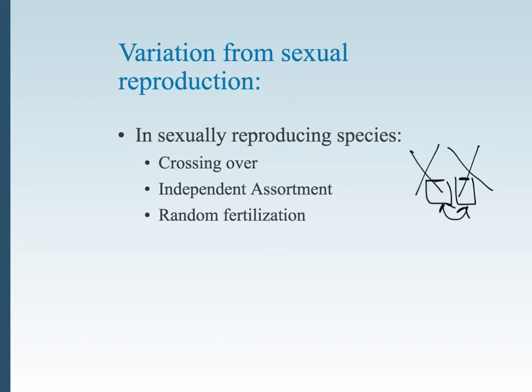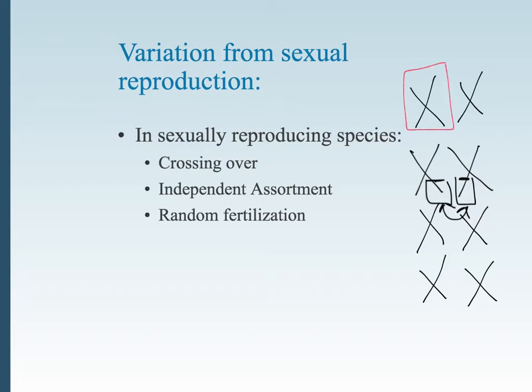Independent assortment, that's in metaphase 1, where remember that in metaphase 1, the ants go marching 2 by 2. So here we are aligning, so that's how we know that it's metaphase. Well, let's say this one is mom, and this one is mom, and this one is mom, and this one's mom, and then these are dad.